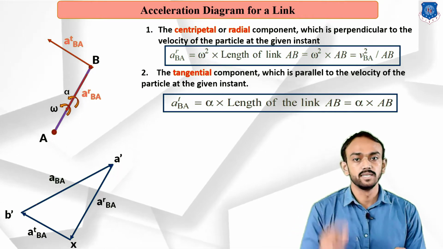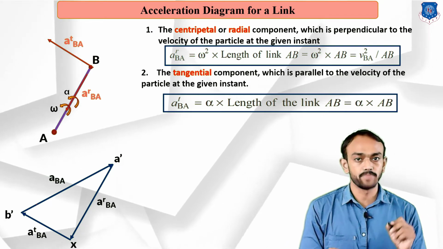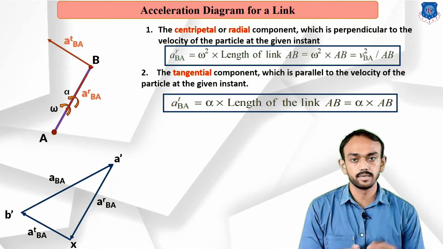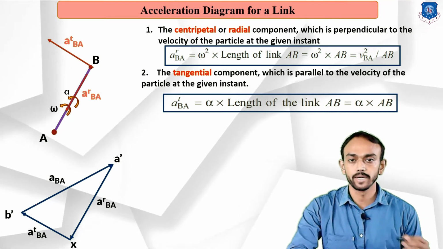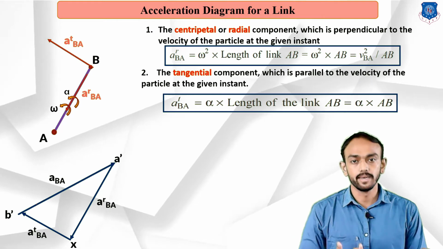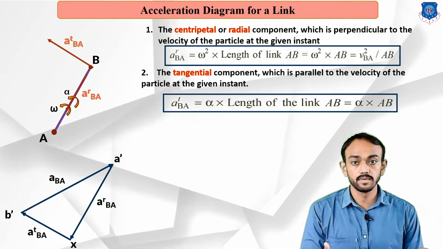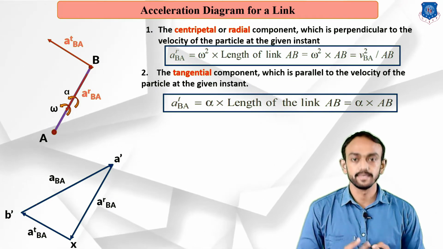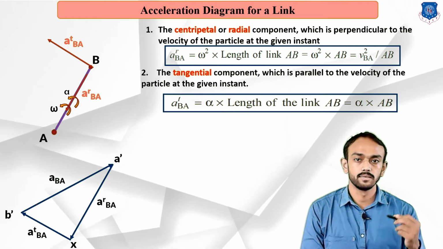So this is the final resultant acceleration of B with respect to A. You can see on the screen this last resultant vector is the final resultant acceleration of B with respect to A. Remember that the final acceleration is the vector resultant of the radial and tangential components. There are some special cases. Let's understand that, and then we will go to the examples.